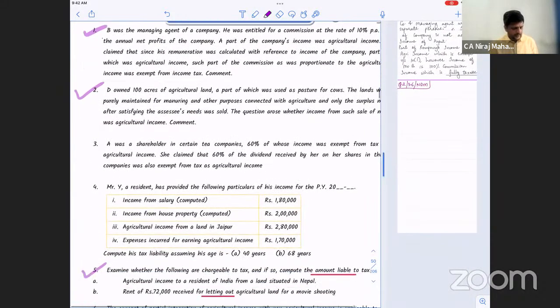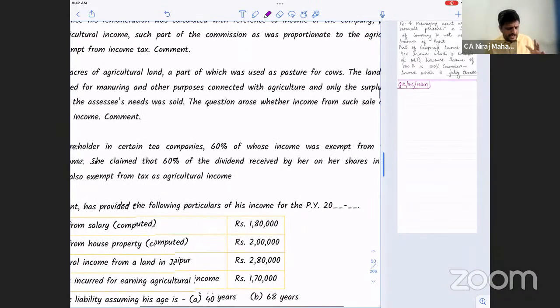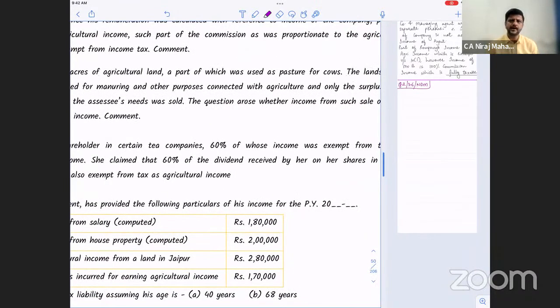D owned 100 acres of agricultural land, a very rich person. A part of which was used as pasture for cows. Pasture, you understand? Food which the cows can eat. I'm not talking about fodder, literally grass, etc. So he has 100 acres of land, and some of it is used to grow pasture so that the cows can eat.